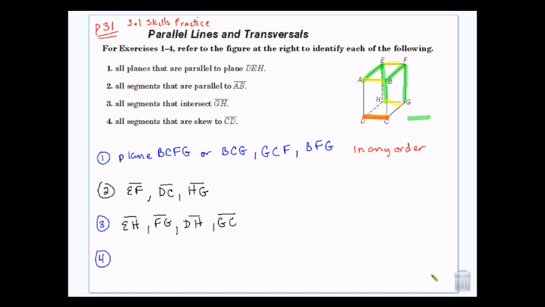You kind of get like L's. You see like an L here and an L here. So we'll list those: AE, EH, BF, and FG.